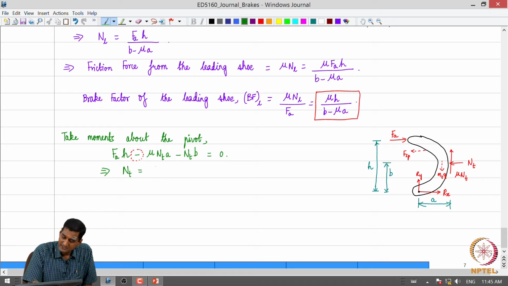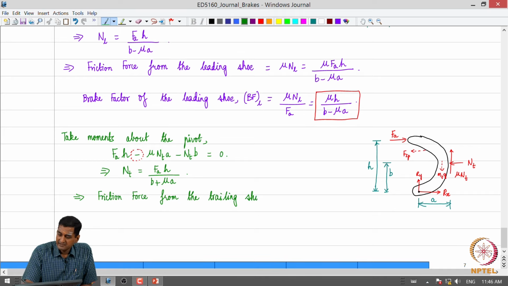NT is going to be FAH divided by B plus mu A. This implies that the friction force from the trailing shoe is going to be equal to mu NT, which is mu FAH divided by B plus mu A.